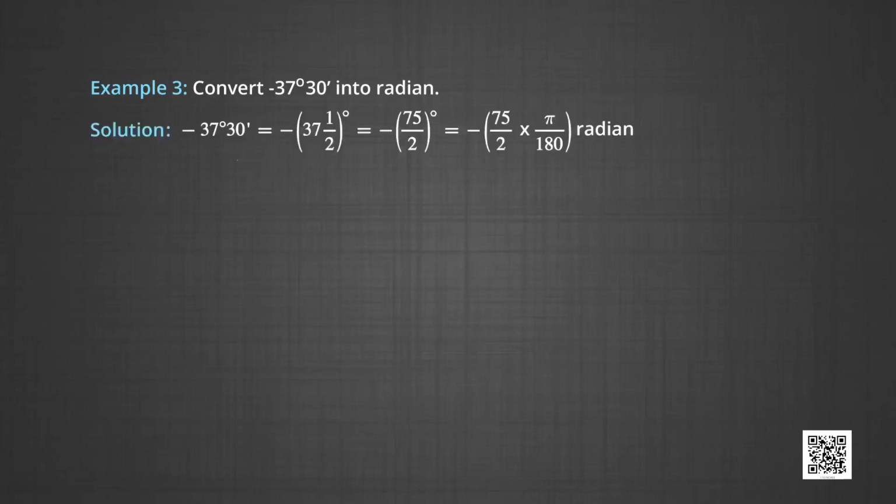Minus 37 degrees 30 minutes is equal to minus 37 and a half degrees, which is equal to minus 75 by 2 degrees. Now, to convert this into radians, we need to multiply minus 75 by 2 by pi by 180. On simplification this gives minus 5 pi upon 24 radian.